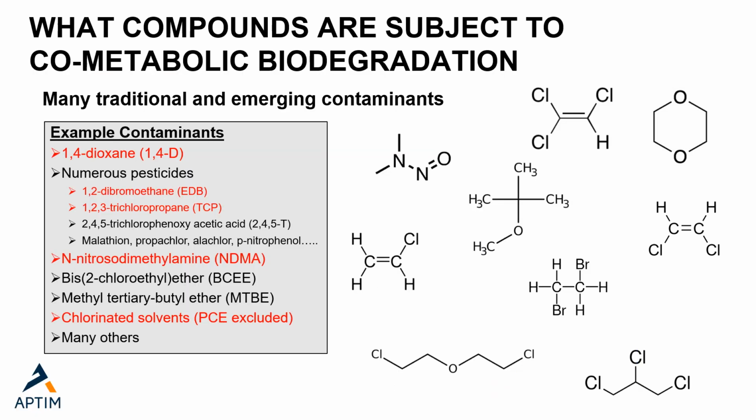But you also have things like NDMA or N-nitrosodimethylamine, MTBE, the gasoline oxygenate, many different chlorinated solvents can be degraded this way, and a number of other compounds. And today I'm going to provide some examples of cometabolic degradation of everything in red here: 1,4-dioxane, a couple of different pesticides, and then NDMA and some chlorinated solvents.